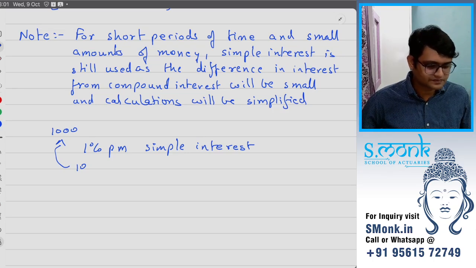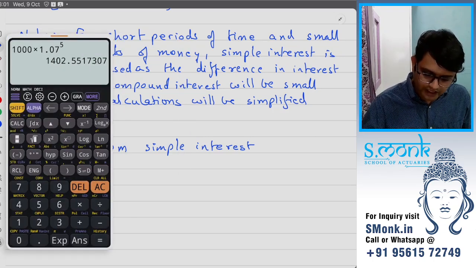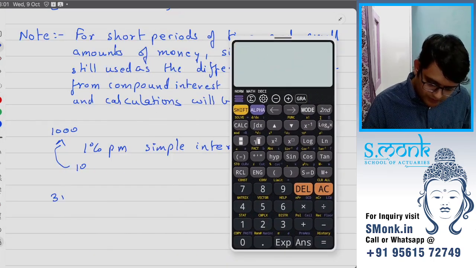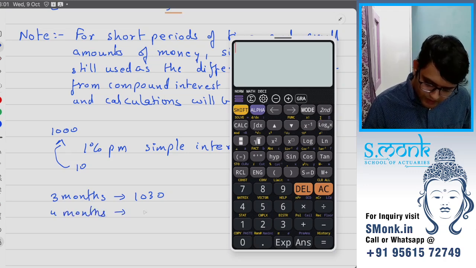Right? You can imagine, and if I calculate it in terms of compound, so 3 months, if returned in 3 months it will be 1030, and if returned in 4 months it will be 1040.